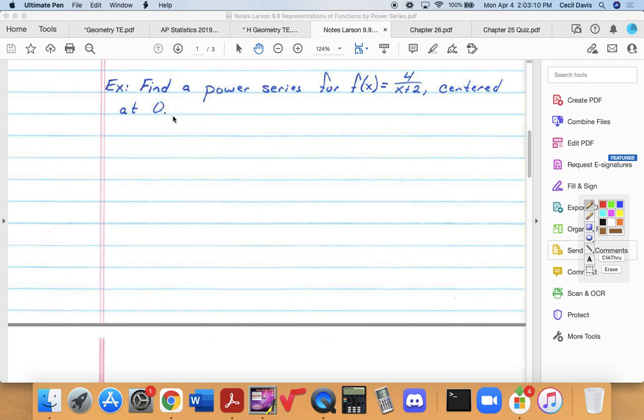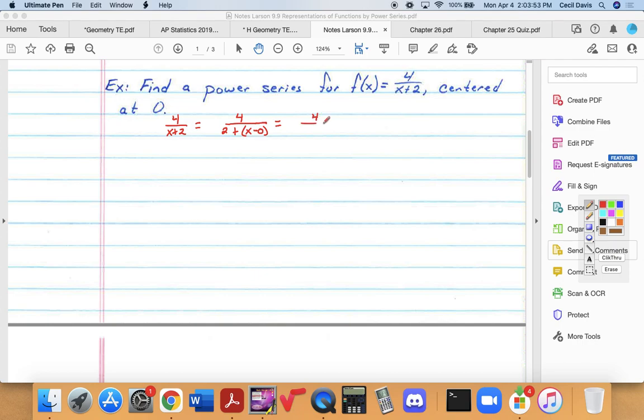So we'll start with 4 over x plus 2. We want this to be centered at 0. So I'll put it as 4 over 2 plus x, and we'll deal with that in just a second. So I've really done nothing at this point, right? Other than make it pretty obvious that it's centered at 0. It's supposed to be a over 1 minus r, right?